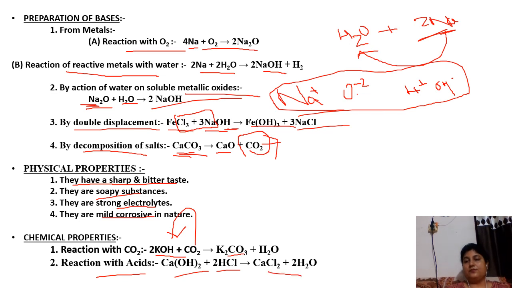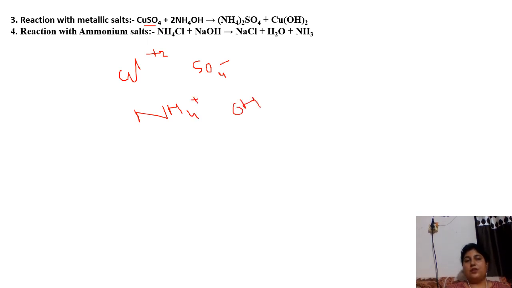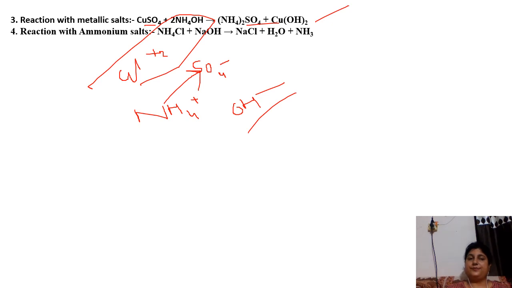The next one is reaction with metallic salt. ठीक है, copper sulfate split up into copper ion and sulfate ion. ठीक है, अमोनियम हाइड्रोक्साइड NH4 पॉजिटिव and OH नेगेटिव, इसका पॉजिटिव इसके नेगेटिव से result in the formation of ammonium sulfate, while this positive will attach with this OH ion result in the formation of copper hydroxide.